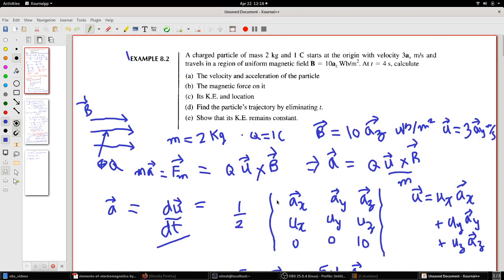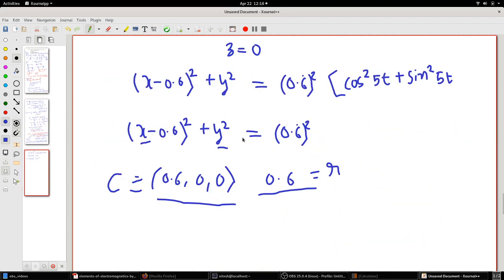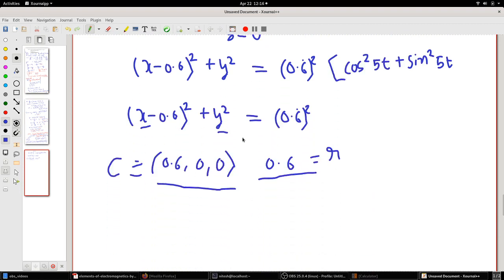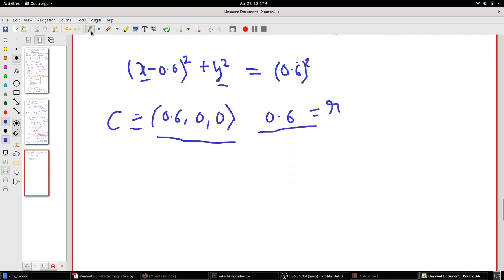So what is the last part? That its kinetic energy remains constant. We have found the kinetic energy, which is given as KE equal to half M U square.